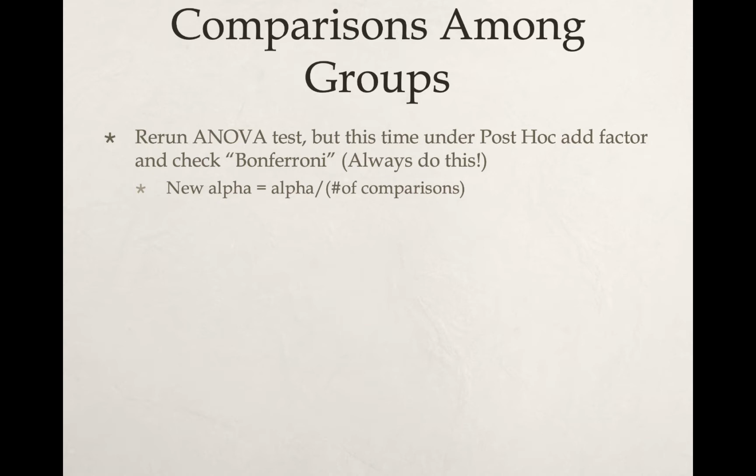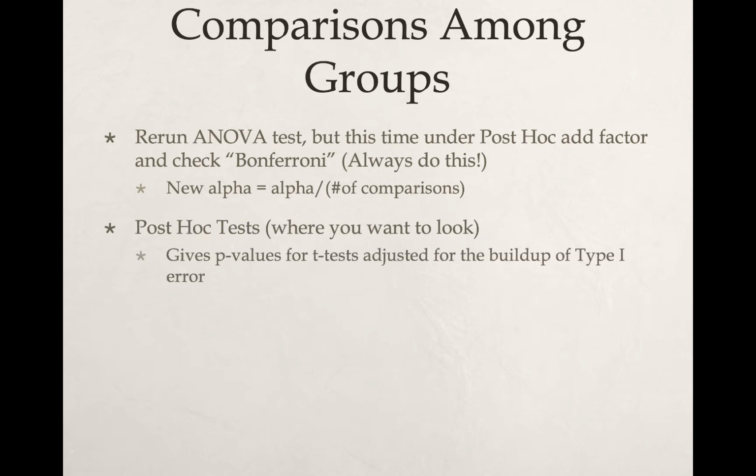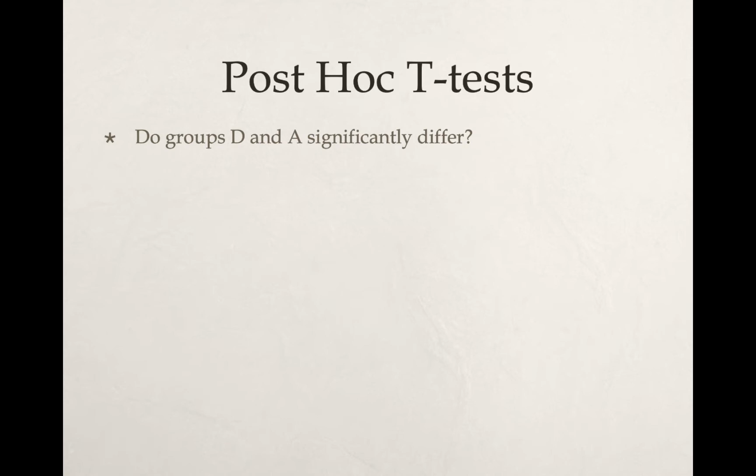And so we would just compare our t-test results to that new alpha instead of 0.05. But in the software, when you check Bonferroni, it's actually doing a correction to your p-value, so you don't have to worry about that. You can just compare that p-value you see to your alpha of 0.05. So we did our post hoc tests, and this again gives p-values for t-tests adjusted for the buildup of type 1 error.